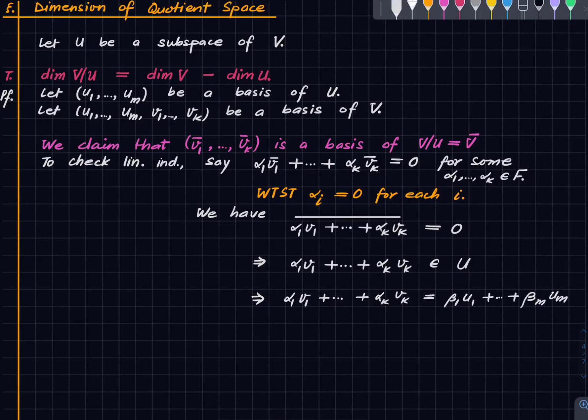But now you use the fact that v1 up to vk along with u1 up to um are linearly independent, and hence each alpha i and each beta j must be 0. Okay, so just be mindful of that argument. So this implies each alpha i is 0, and we have established linear independence.